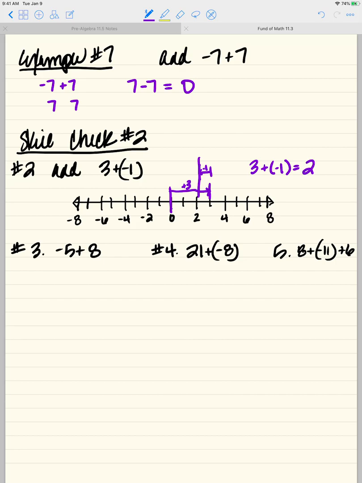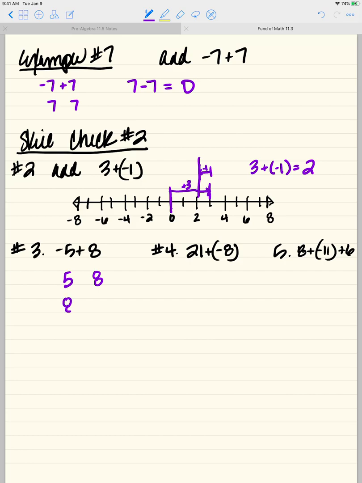Okay? Number 3 is -5 plus 8. Unlike signs here. What is the absolute value of -5? 5. What is the absolute value of 8? 8. Which one is larger, 5 or 8? 8.